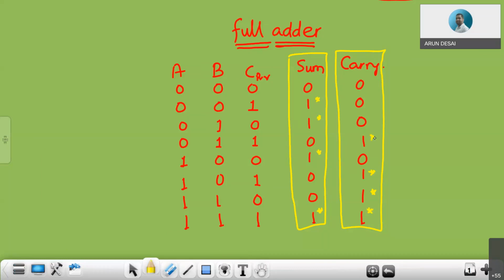So keeping those things in mind, put all those ones in. This is A, B, C: 0, 0, 0, 1, 1, 1, 1, 0, 0, and 1.